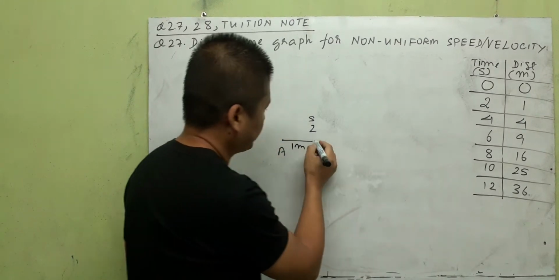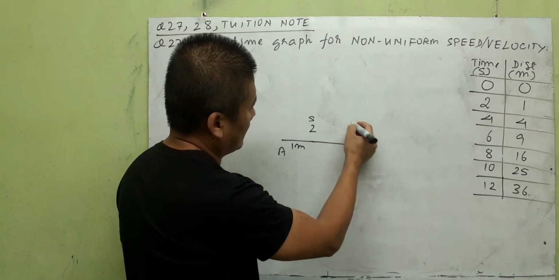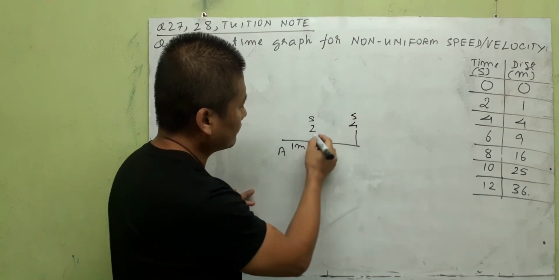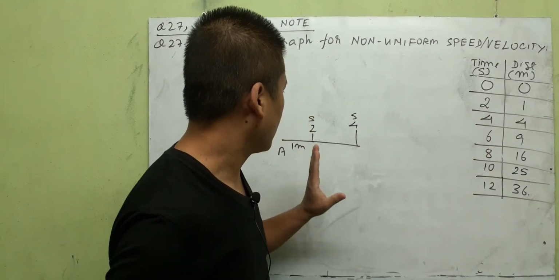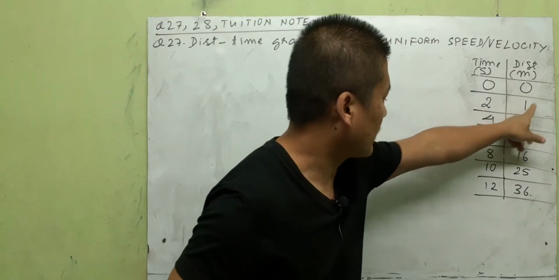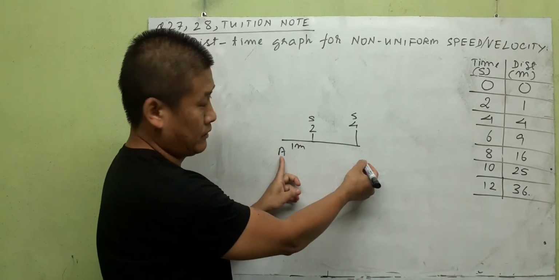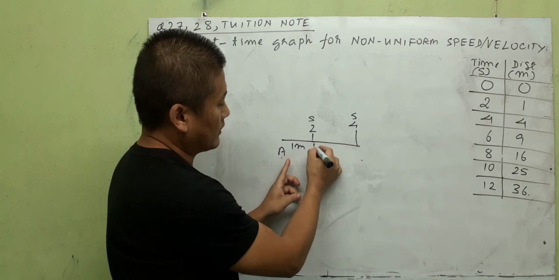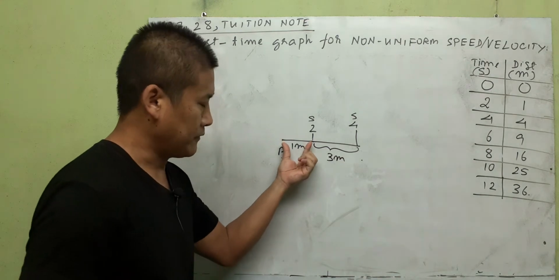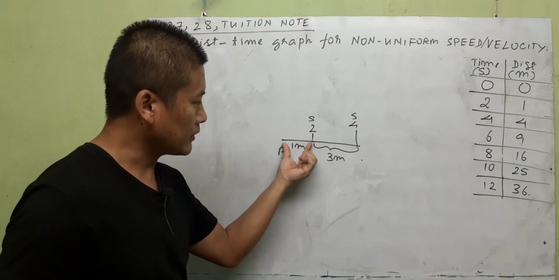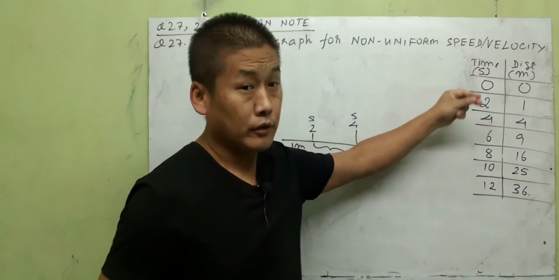Then after the next 2 seconds, at 4 seconds, it has covered 4 meter, which means from 2 to 4 seconds it covered 4 minus 1, that is 3 meter. So in the first 2 seconds, it covers only 1 meter, but in the next 2 seconds, it covers 3 meter. So this object is clearly in non-uniform motion.